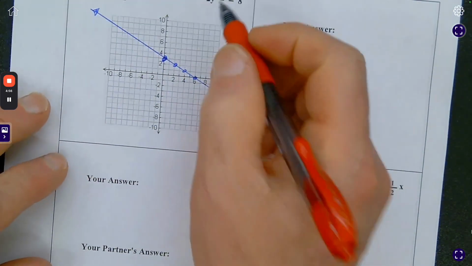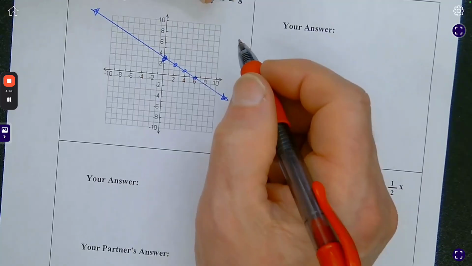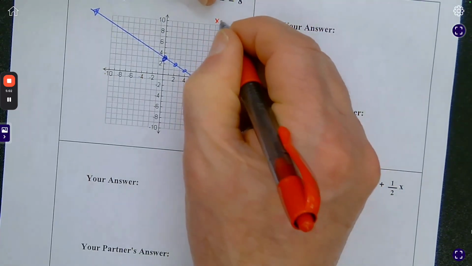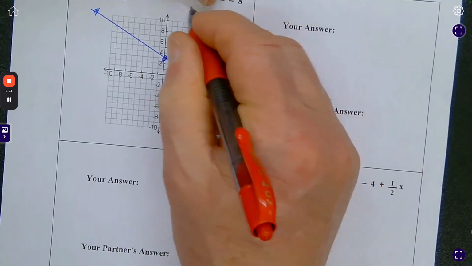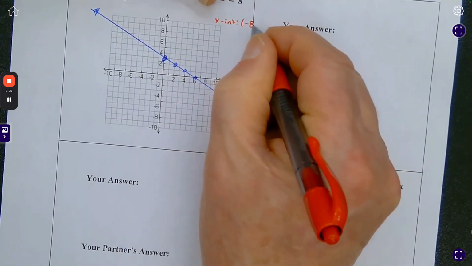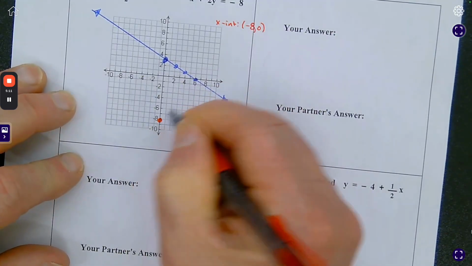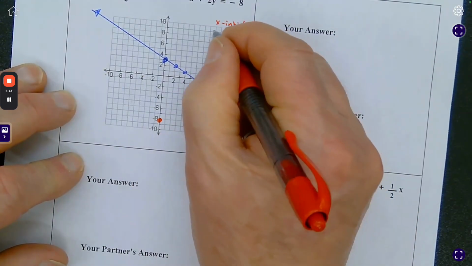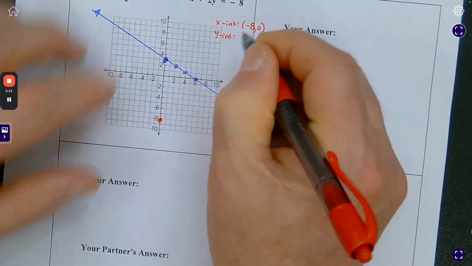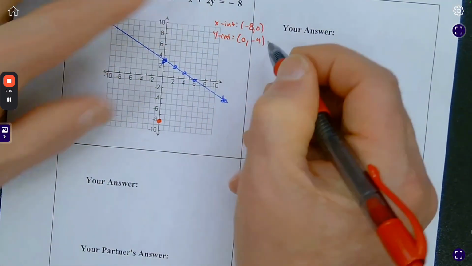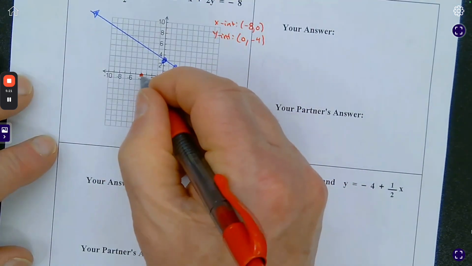And then this is standard form. So find the x-intercept. The x-intercept is negative 8 divided by 1, so that's negative 8 comma 0. So that's right here. The y-intercept is going to be negative 8 divided by 2, so that's 0 comma negative 4. That's right here.